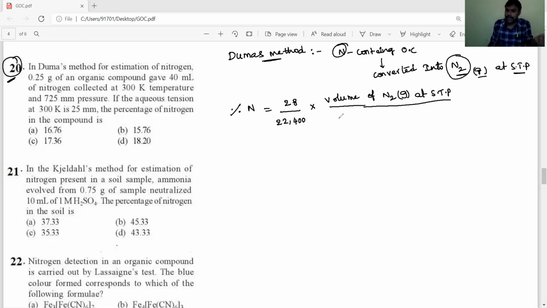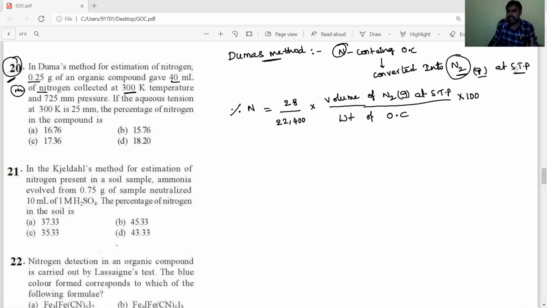Okay students, and then weight of organic compound into 100. Now if you observe, the given organic compound weight is 0.25 grams, and this 0.25 grams of organic compound gives 40 ml of nitrogen gas, but at 300 kelvins.